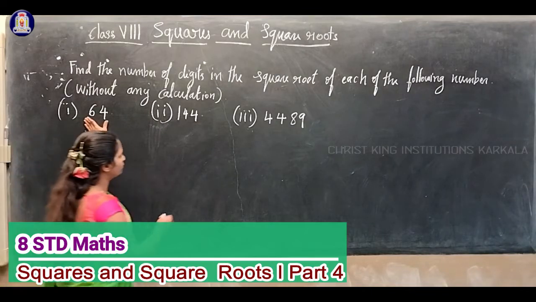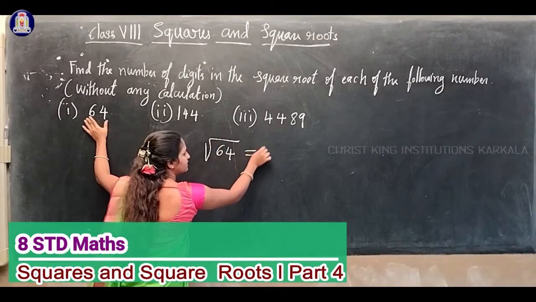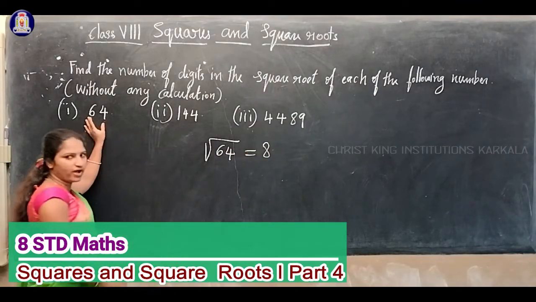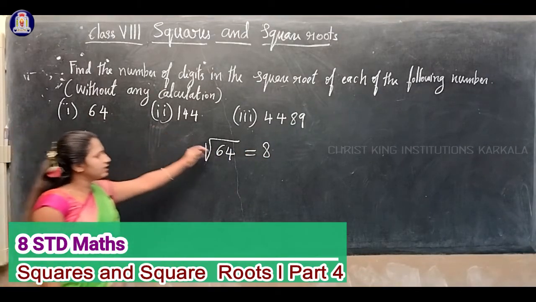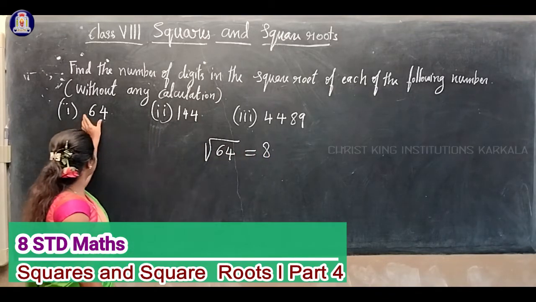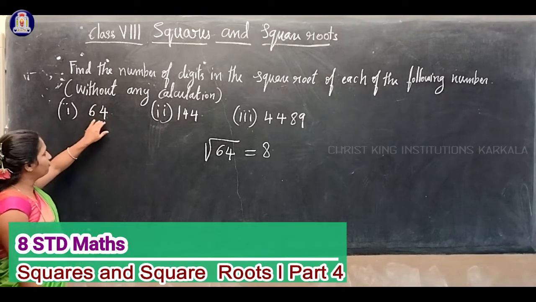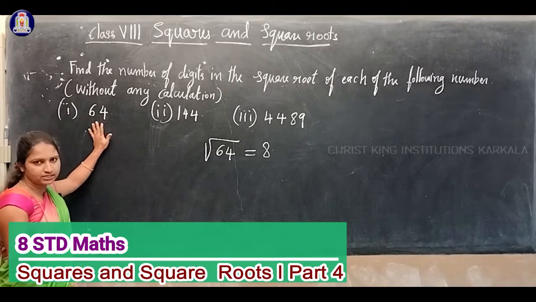So now how to find? The square root of 64, you know, that is 8, correct? So that means here how many digits?